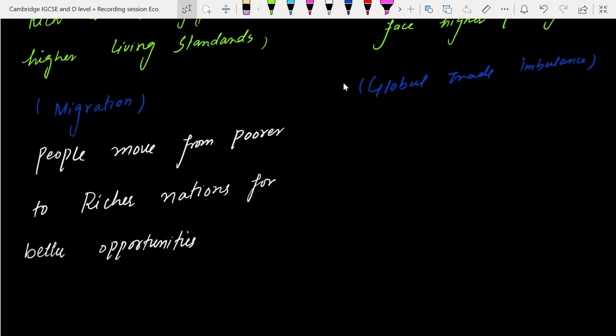Global trade imbalance: wealthier countries dominate the global market.